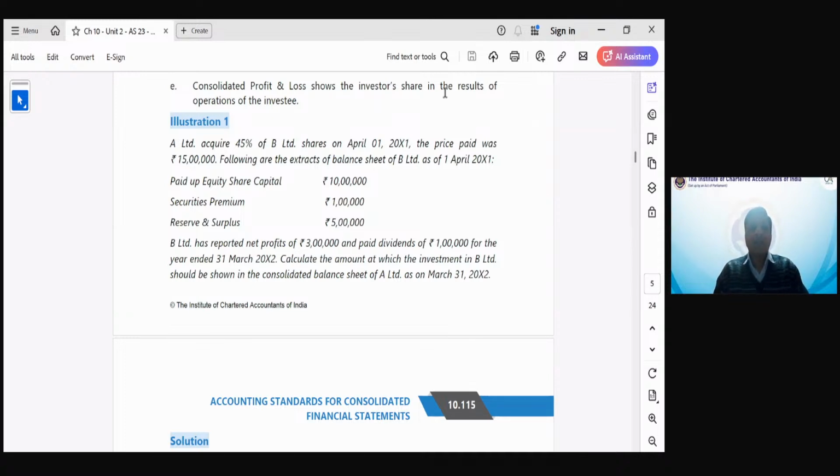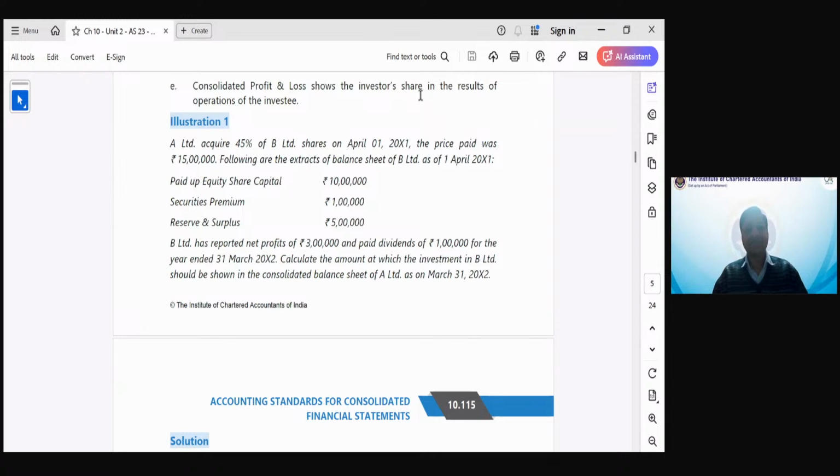Okay. So we are given paid up equity share capital, security premium, reserves and surplus. And now this information appears to be in respect of net assets of the associate, because here again we'll need the net assets. Why? Because proportionate share of net assets is something we are going to pick up.